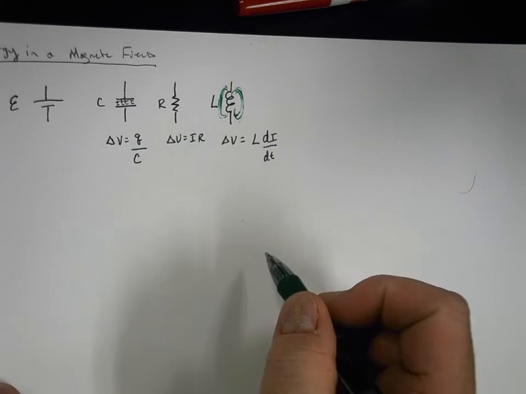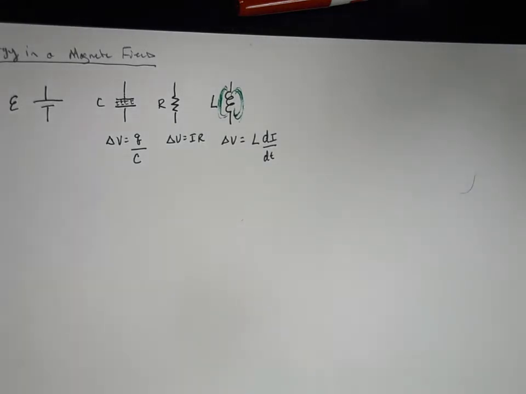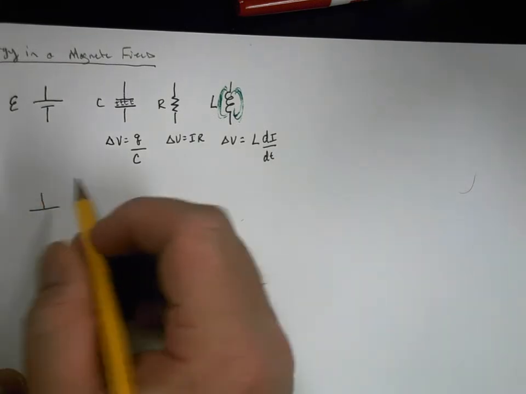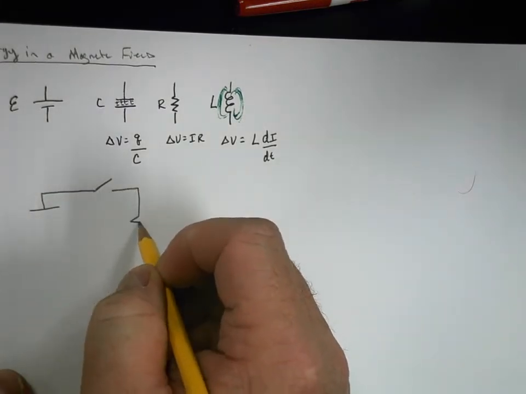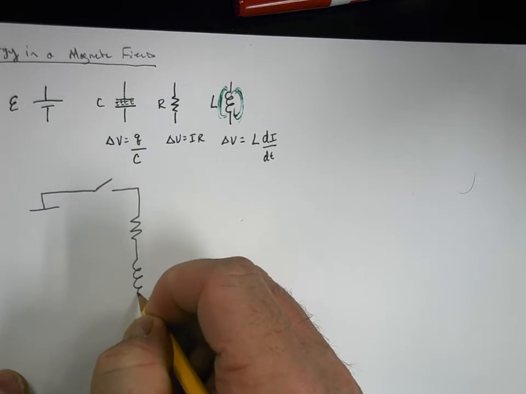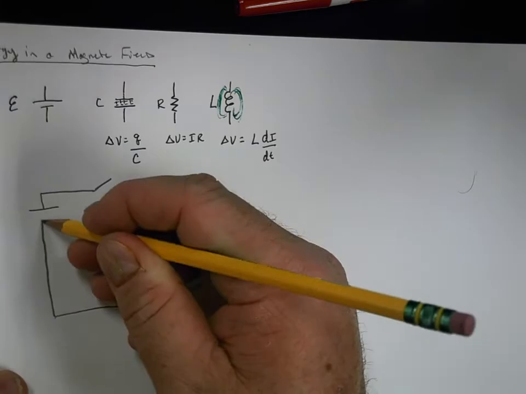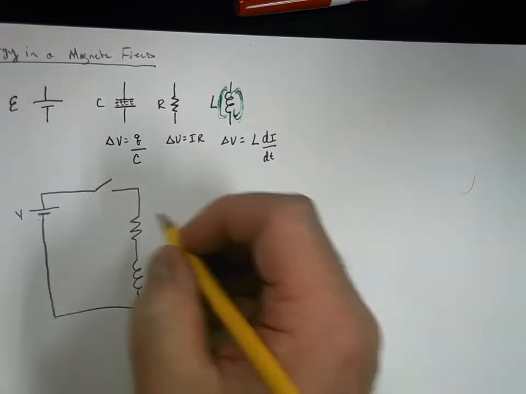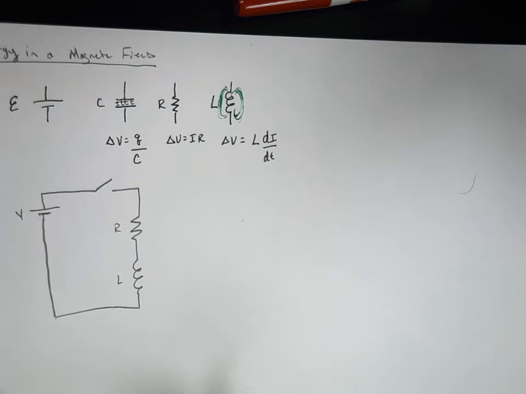All right, so we are going to create a circuit here. We've got our voltage, and we have our resistor, and our inductor.